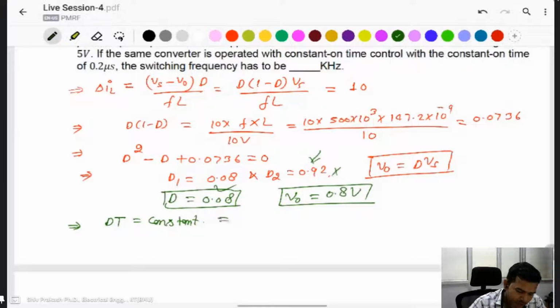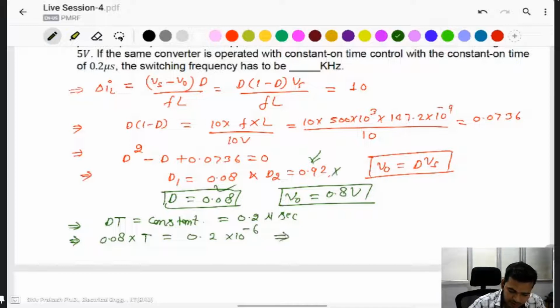It's also given as 0.2 microsecond. The duty ratio is the same, 0.08. So 0.08 into T equals 0.2 microsecond, which is 2 into 10 to the power minus 7 seconds.